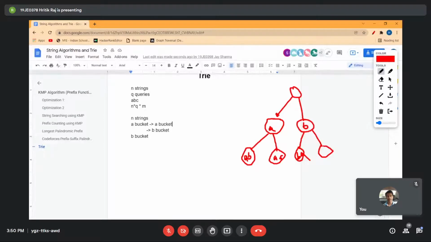So this is a tree type of structure, and each node represents some prefix of the string.